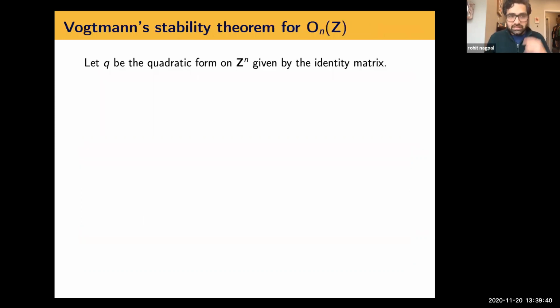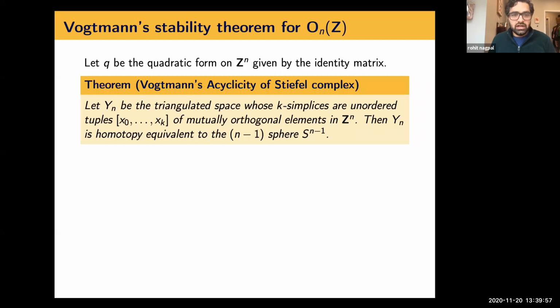Okay, so let's see another example. Let's see how to prove homological stability for O_n(Z). So let's take Q to be the standard Euclidean quadratic form, which corresponds to the identity matrix. And now let's define this Stiefel complex corresponding to this.